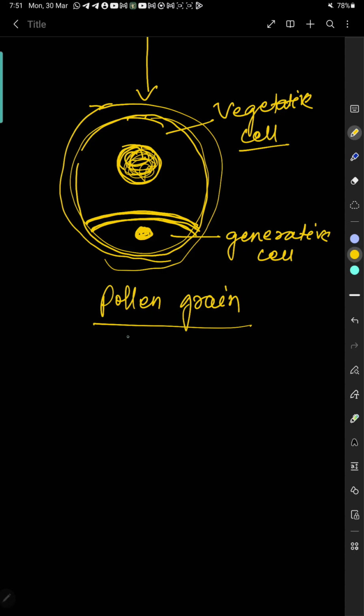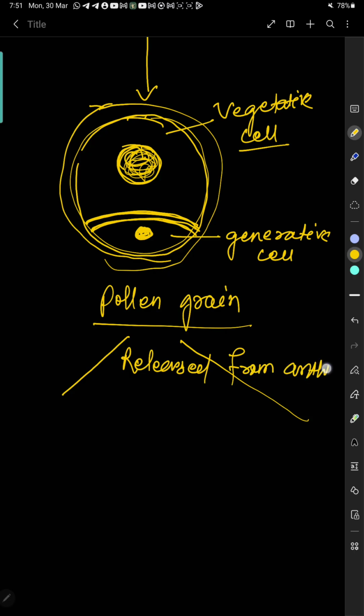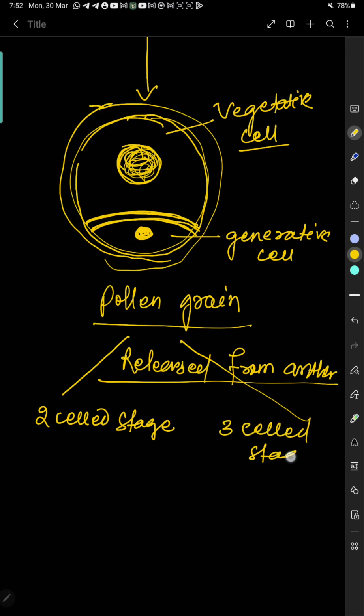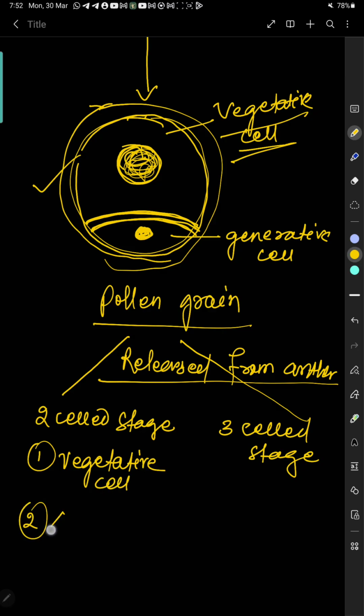But in future what happens? This pollen grain may be released from the anther in the two-celled state, very important children, or the three-celled state. The one we described is which stage? It is the two-cell stage: vegetative cell and generative cell, only two cells.